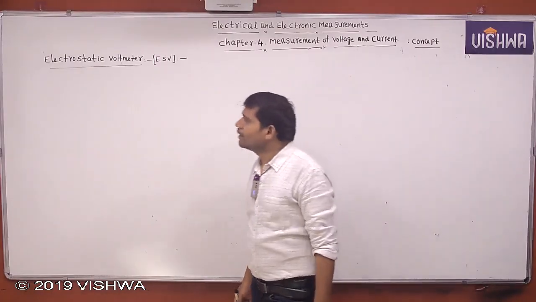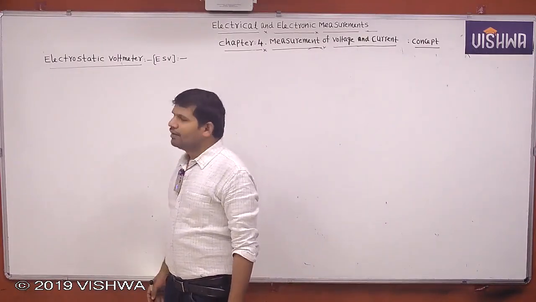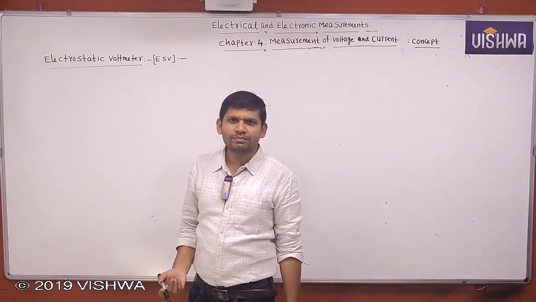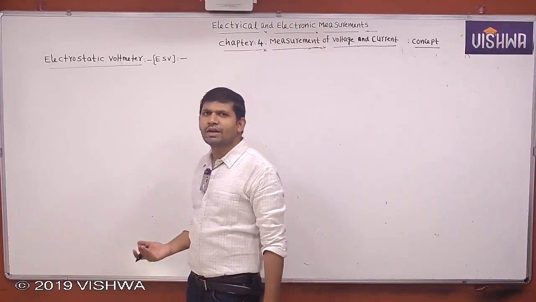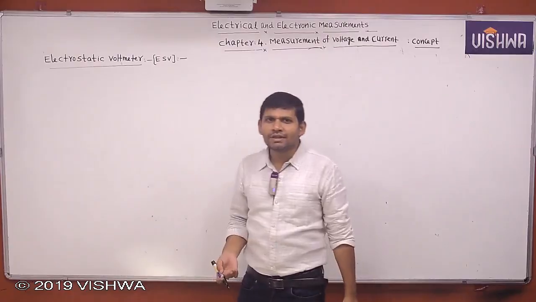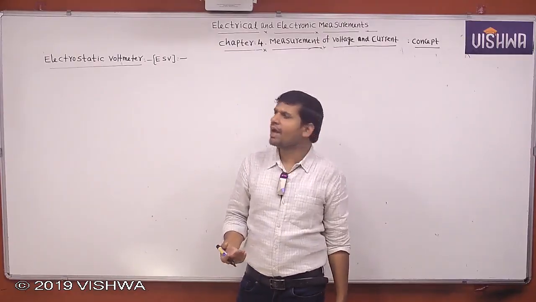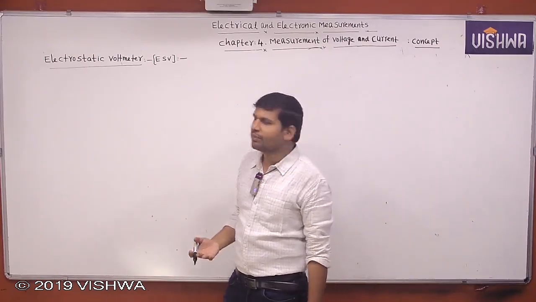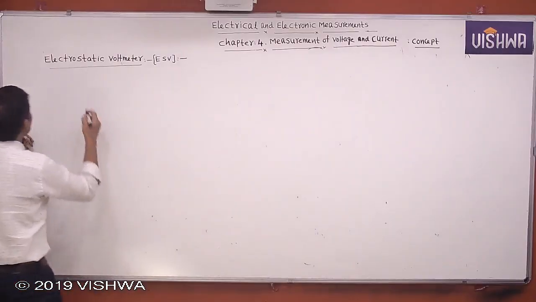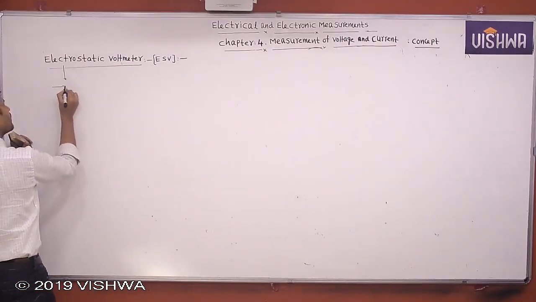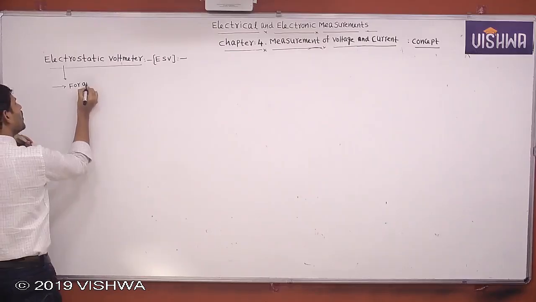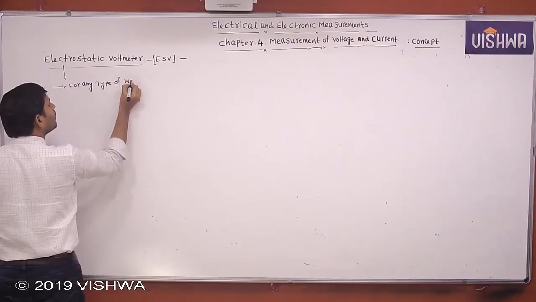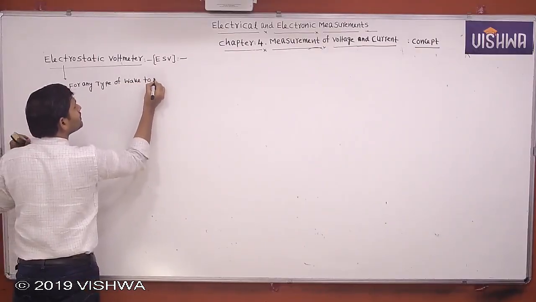Listen please, I already told you: to measure very high voltages for any type of waveform, it may be sinusoidal or non-sinusoidal, it may be DC or AC, we can use the electrostatic voltmeter.